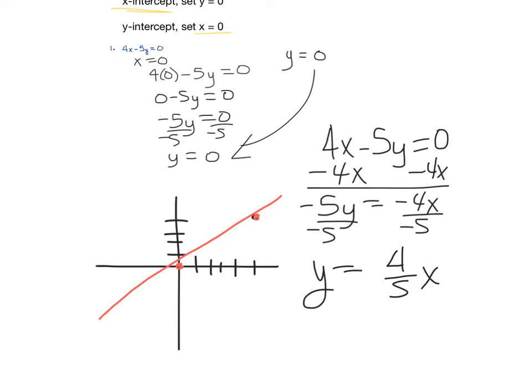Let me show you with example 2. I'm going to do the top problem. I'm going to make x equal 0 for this one to get the y-intercept, and to get the x-intercept, I'm going to make y equal 0.